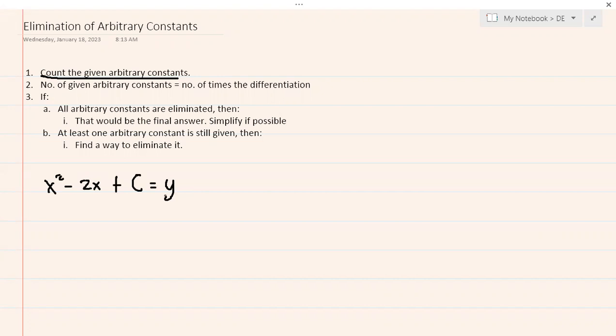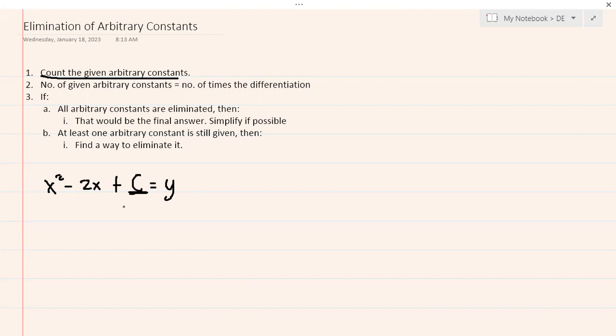Our first step is to count the given arbitrary constants. As you can see, we only have one arbitrary constant, which is c. Now, the second step: the number of given arbitrary constants is the number of times you differentiate. Since we only have one arbitrary constant, that means you differentiate it once.